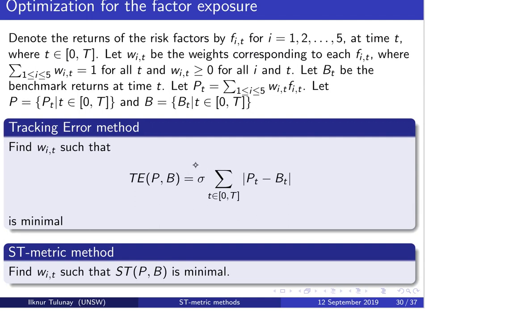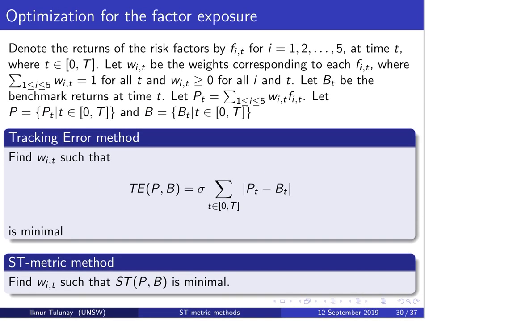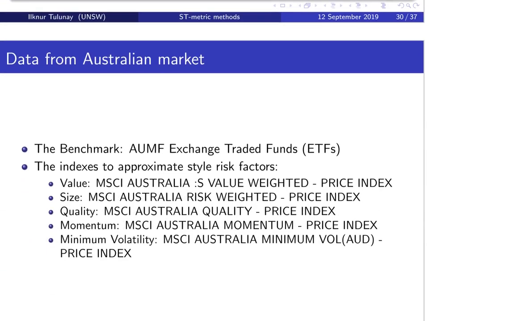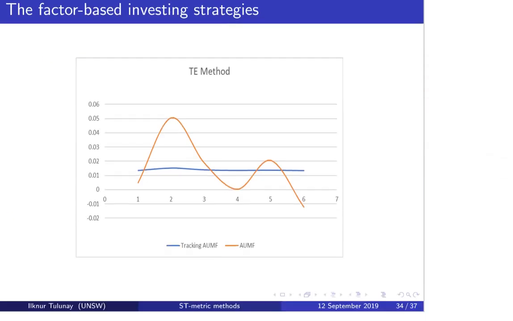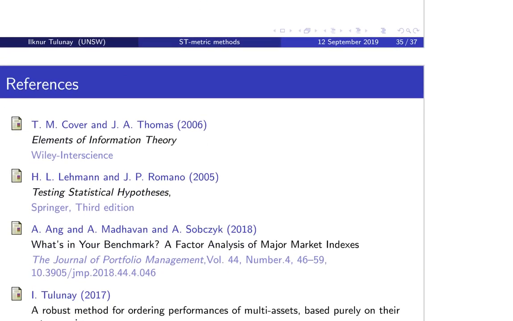That was the key point in their work. They introduced sigma as a tracking error method to make the differences. But as we expect, the ST metric method will work better because it really respects the fluctuations.